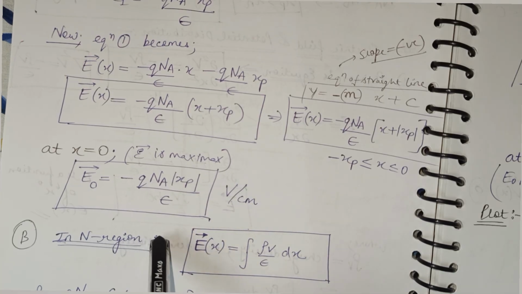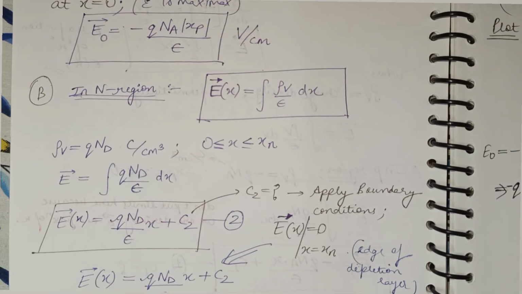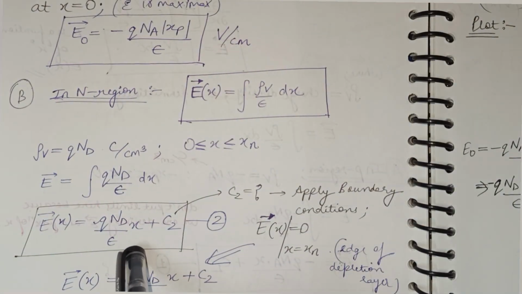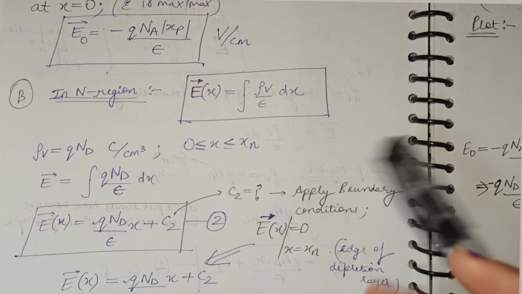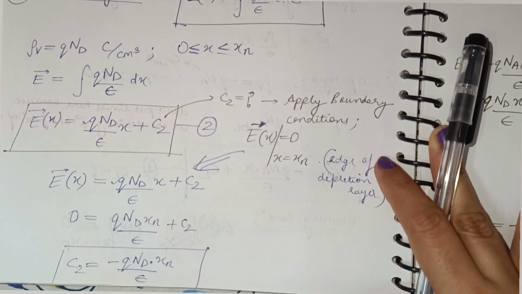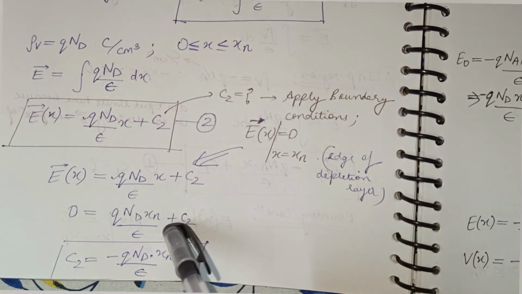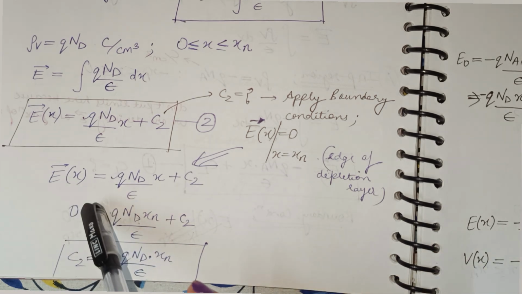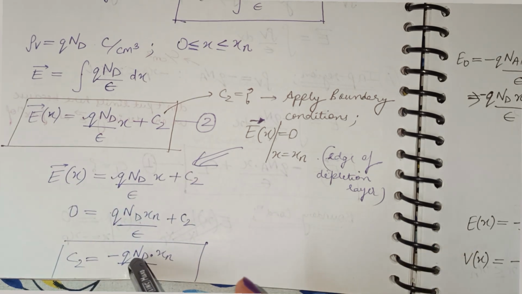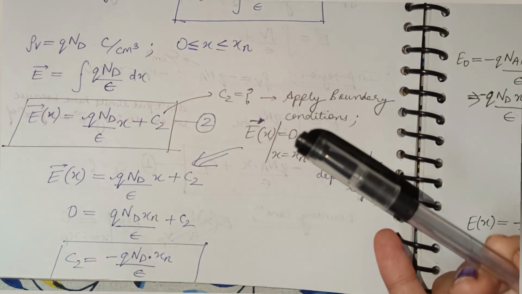What is it for the n region? In the n region, again you put the value of rho v here as qNd, and then you integrate it and then apply the boundary condition, find the value of C2. C2 will come when you put x as xn and you put electric field as 0, and C2 will come like this, minus qNd xn by epsilon.